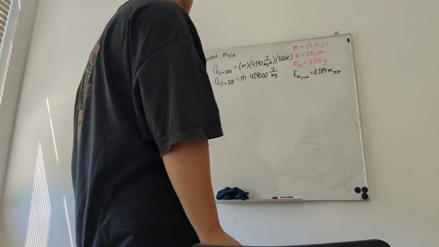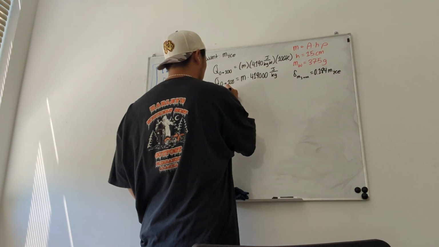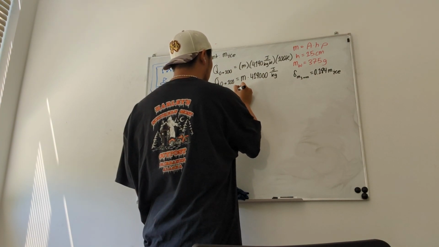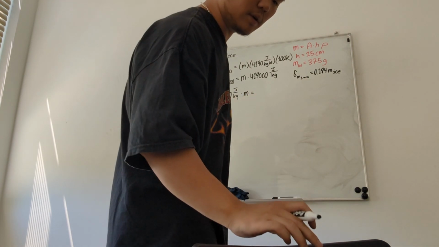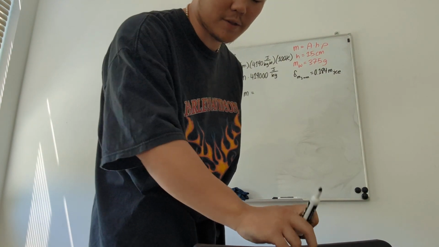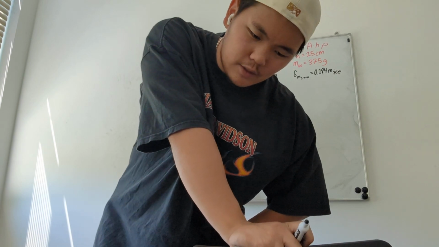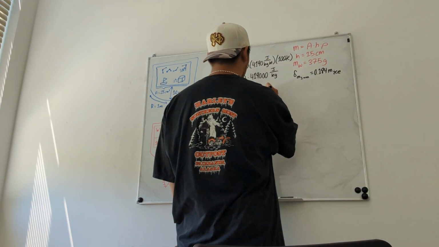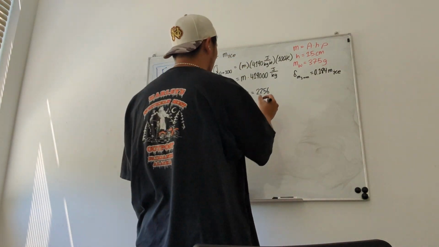Now, let's do the same thing for vaporization. Q would be 41,900 joules per kilo times our mass M, equal to L of V, excuse me, and that for water is 2256 kilojoules per kilogram.